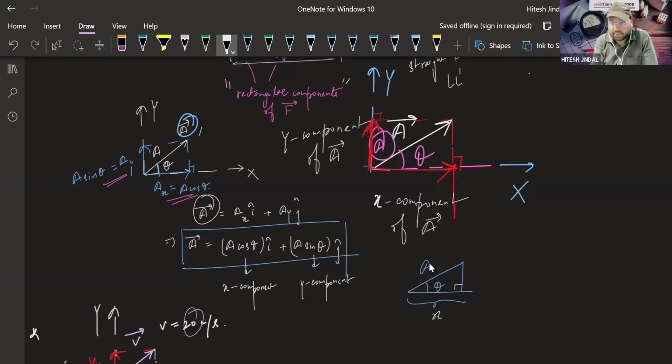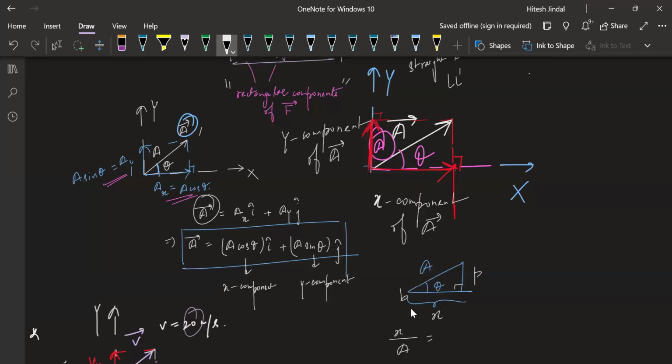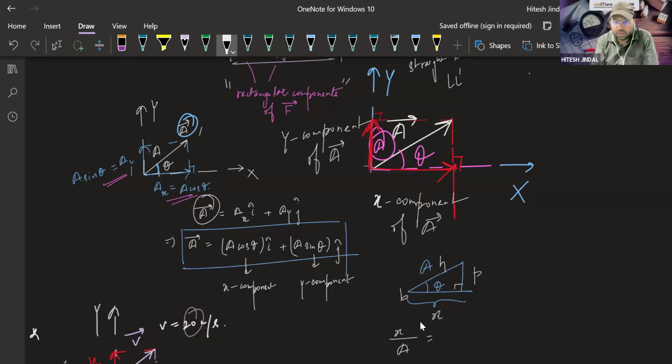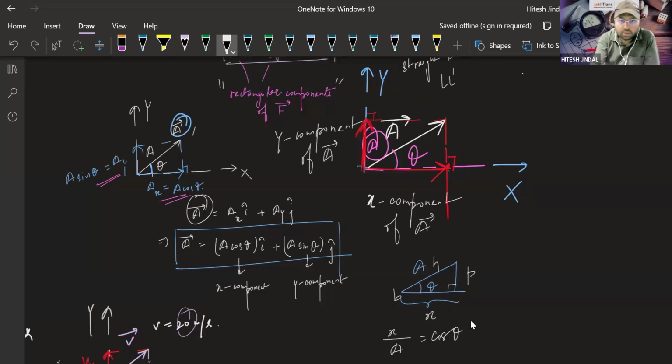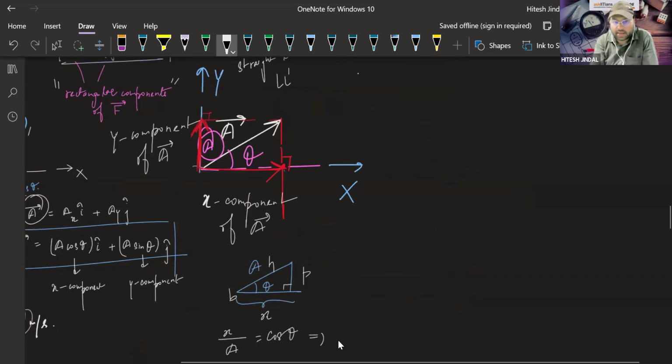What is X by A? If this angle is theta, this is the base and this is the hypotenuse. Base over hypotenuse is cos theta. Good. So here X comes out to be A cos theta.